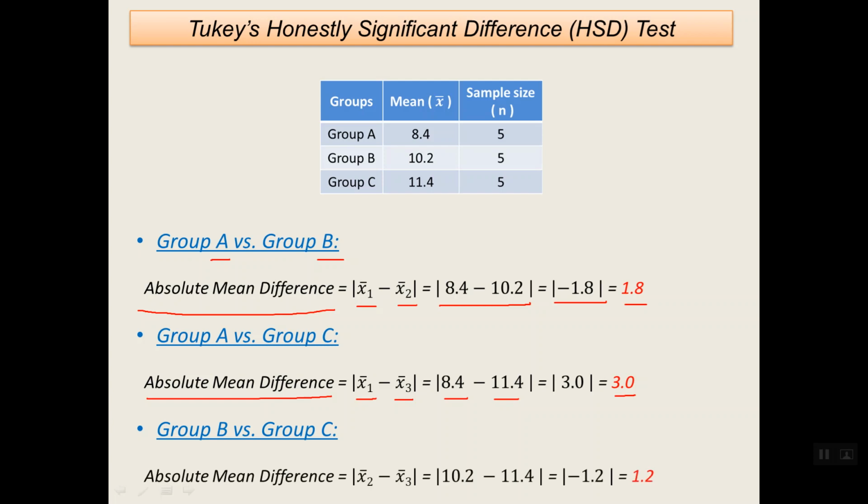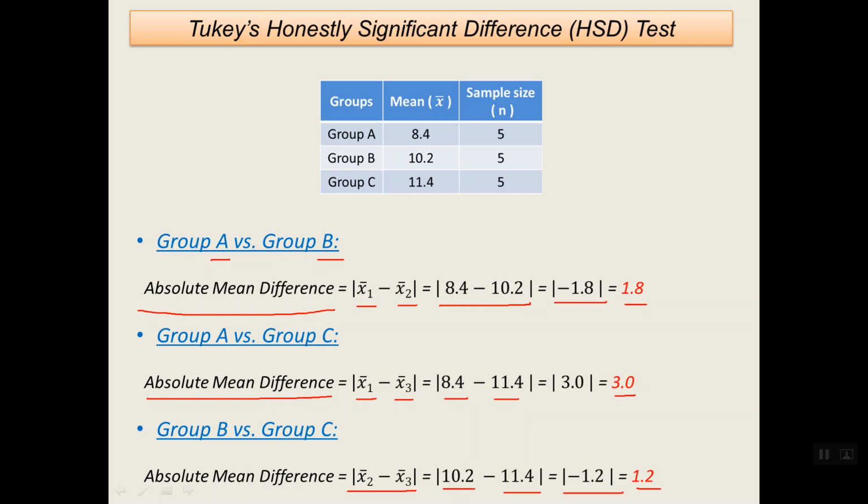Same for group B and group C: the absolute value of x2 bar minus x3 bar. x2 bar is the mean for group B, which is 10.2, while x3 bar is the mean for group C, which is 11.4. So the absolute value of minus 1.2 is positive 1.2.